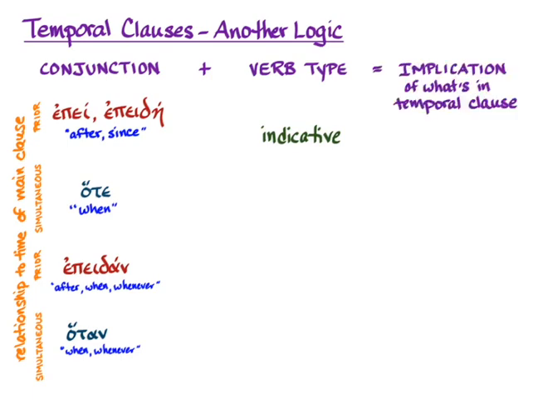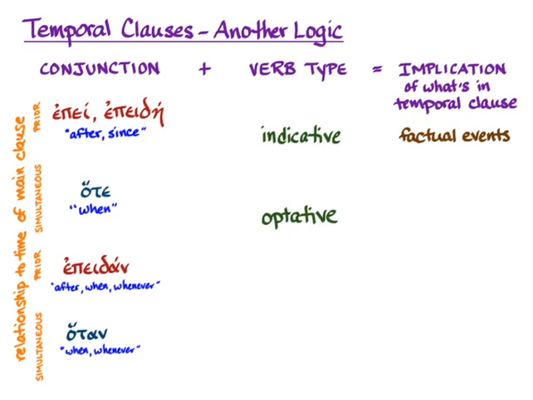And then we're going to look at the implication of what's in the temporal clause. So if you've got indicative that we've already looked at, the implication of what's in the temporal clause is that you're talking about facts, things that actually happened, factual events. So you can take the conjunction, look at the verb type, and know what's going on in that clause, and then we'll come to how to translate that.